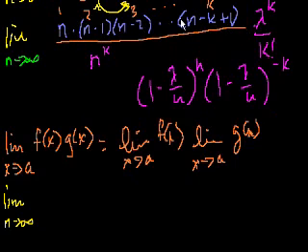We're multiplying a bunch of binomials, and we're doing it k times. So the largest degree term is going to be n to the k. It's going to be n to the k plus something times n to the k minus 1. It's a big kth degree polynomial, and that's really all we need to know for this derivation. So it's going to be n to the k plus a bunch of other stuff.